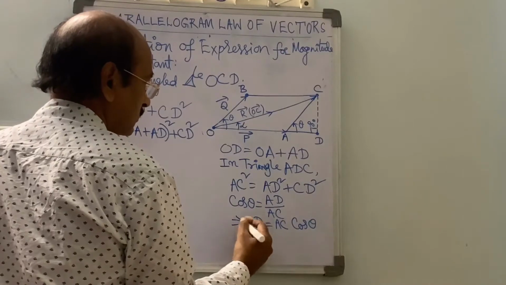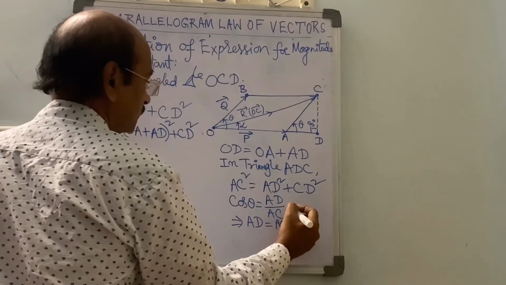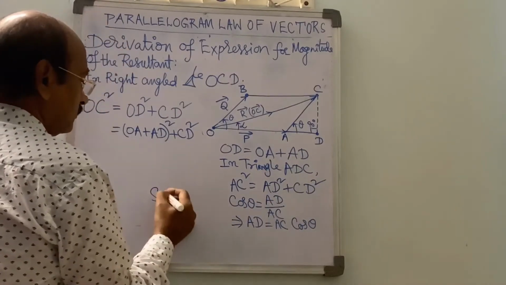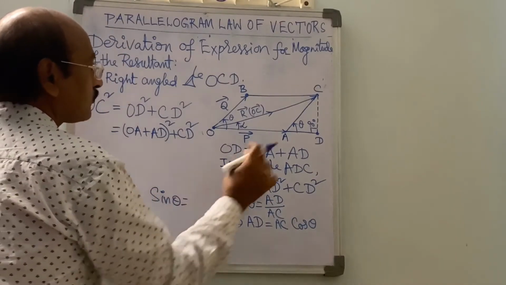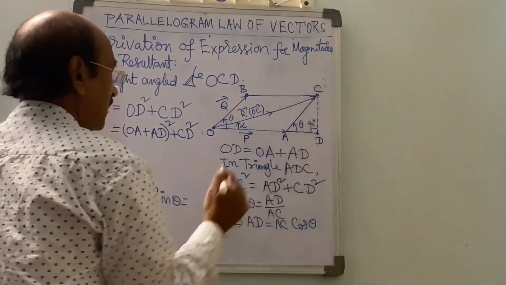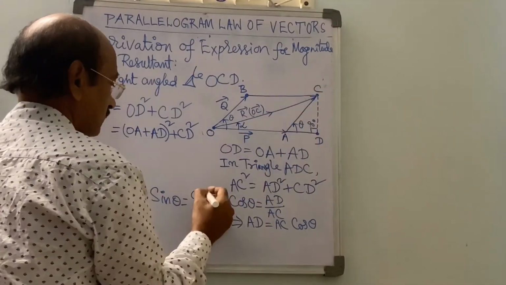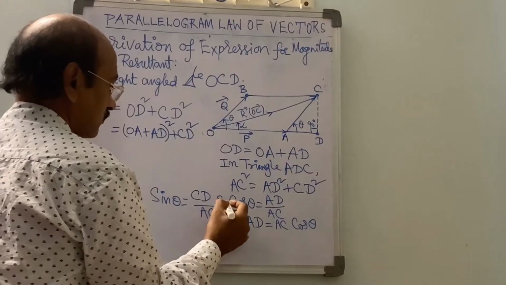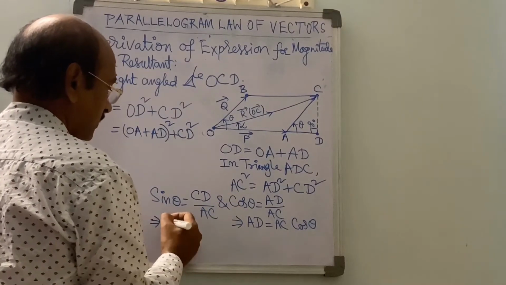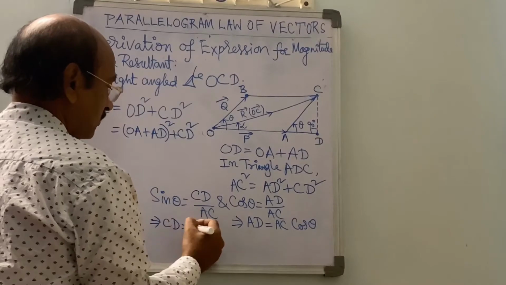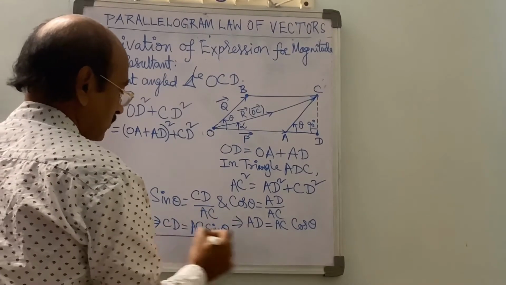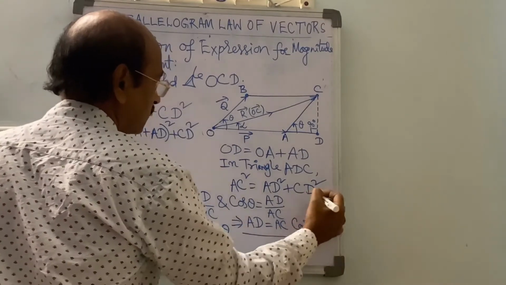Similarly, sin theta is equal to opposite side CD by AC. So from this, CD is equal to AC sin theta. So we shall use these values.